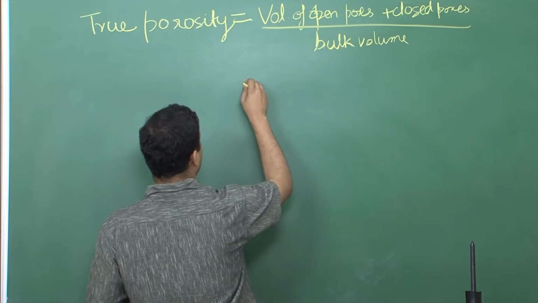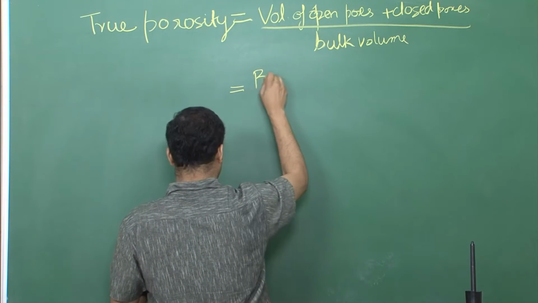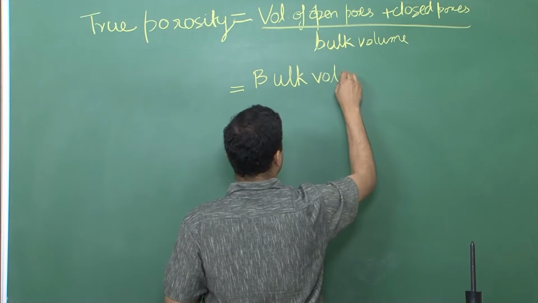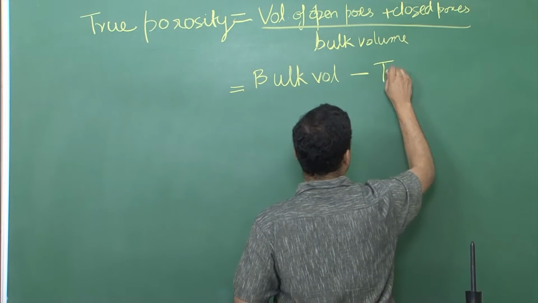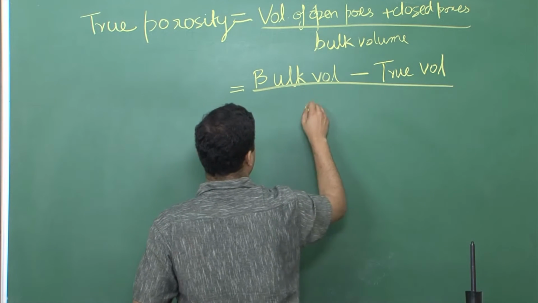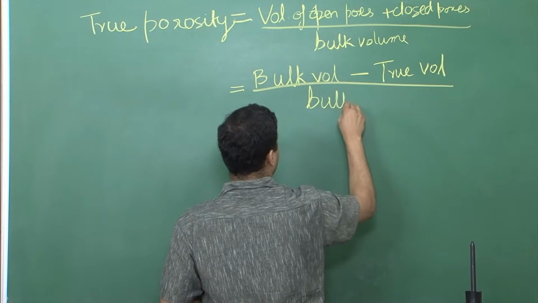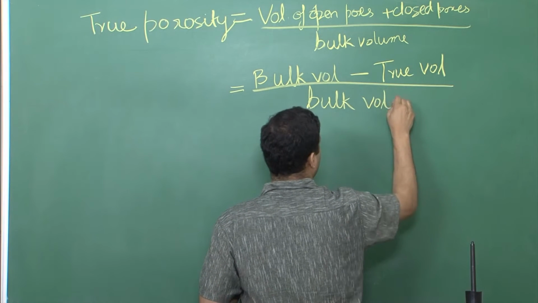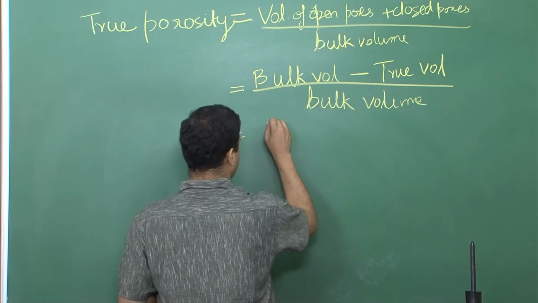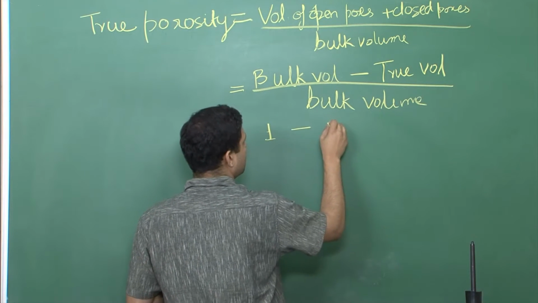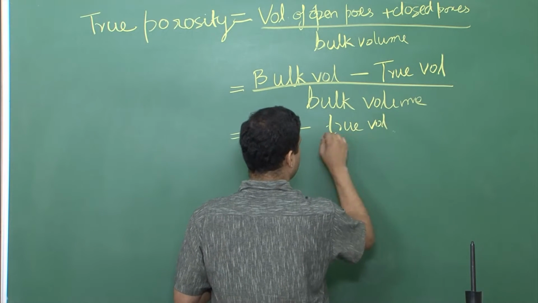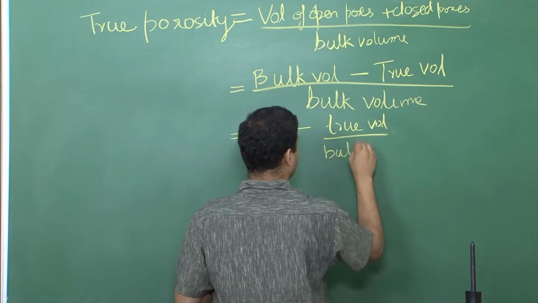In terms of the true volume and apparent volume, we can write it like this. This will become bulk volume minus true volume, divided by bulk volume, and therefore you can write it as 1 minus true volume by bulk volume.